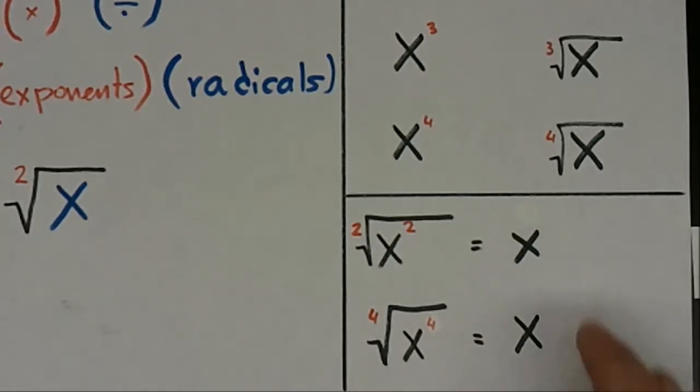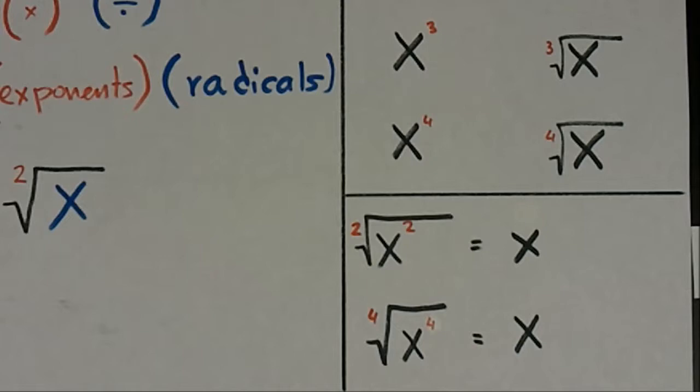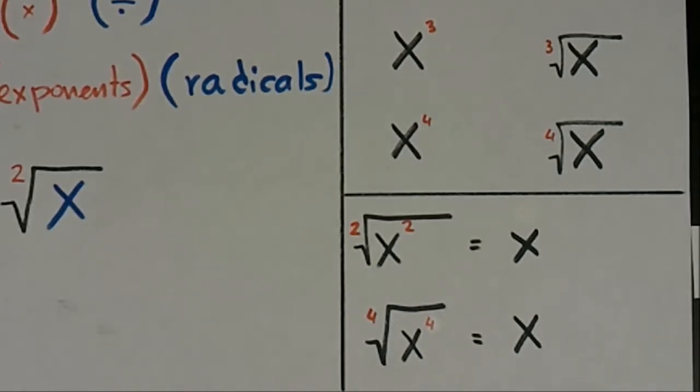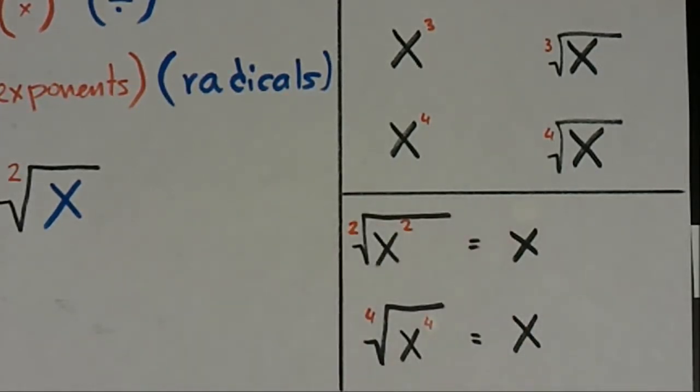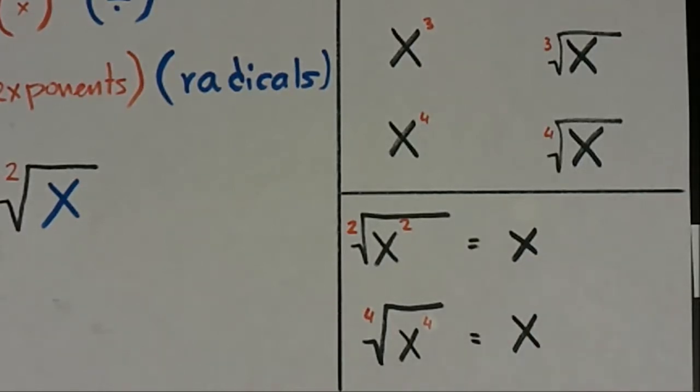Now, the answer to any radical problem is called the root. So the root is the answer to a radical problem. And in the cases of radical to the 2nd power, we call the answers to these simplifications square roots, because square represents a 2.